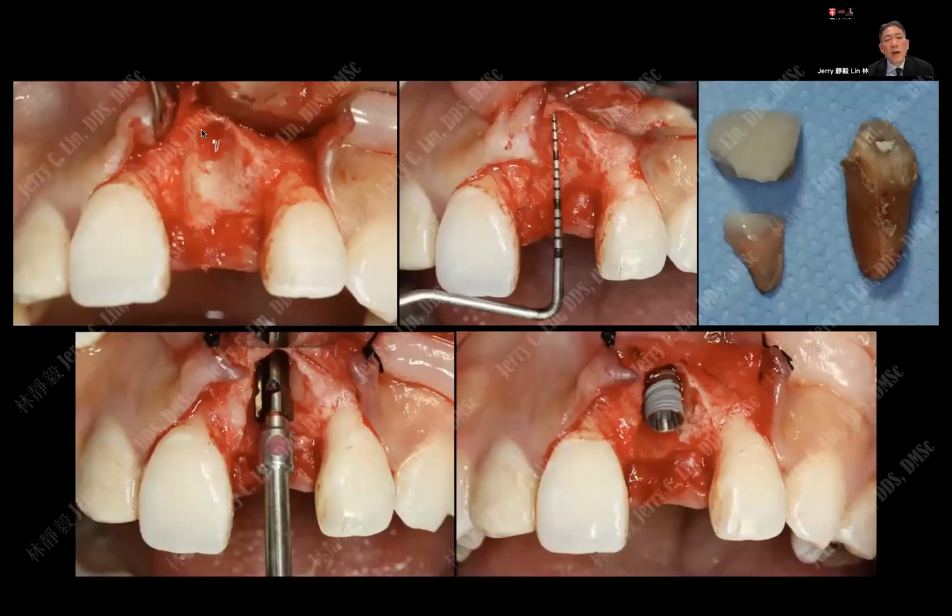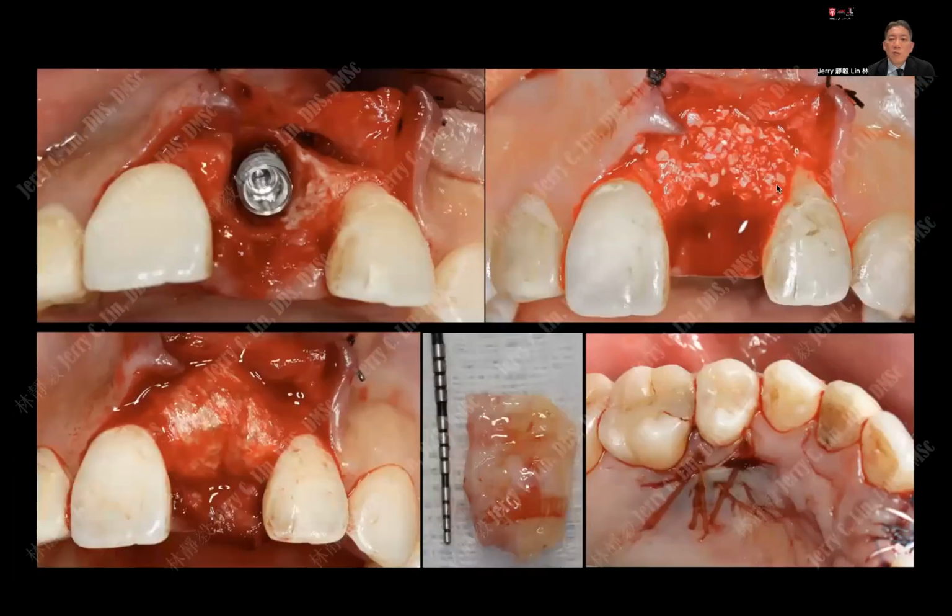When I extracted the tooth, the buccal plate was missing completely, and some lingual plate was missing as well. Then the implant was placed according to the three-dimensional implant placement protocol, 3 millimeters away from the future CEJ or future soft tissue margin. Implant was placed, and bone grafting with membrane cover.